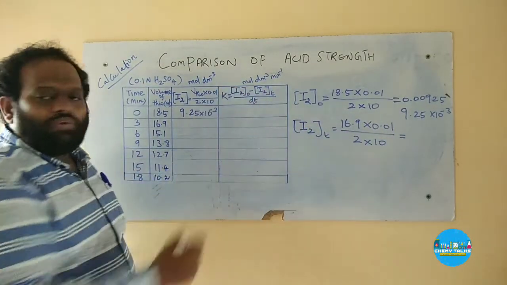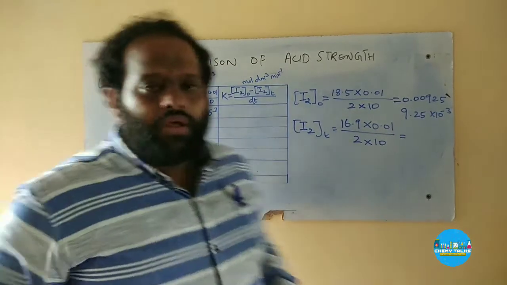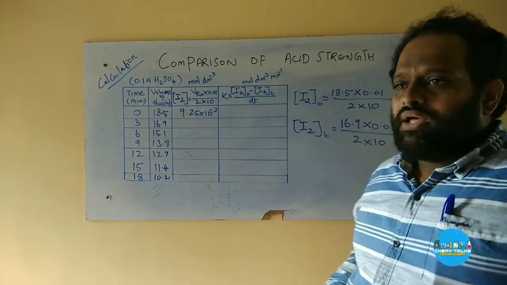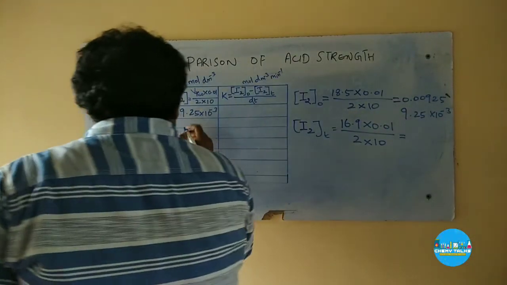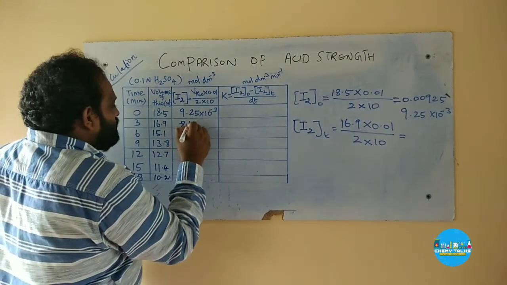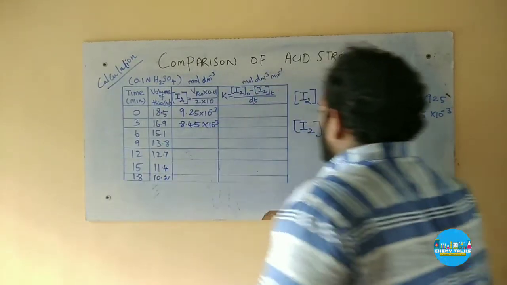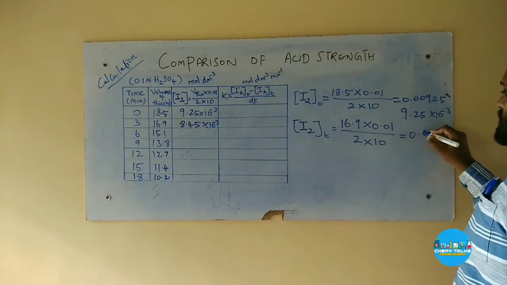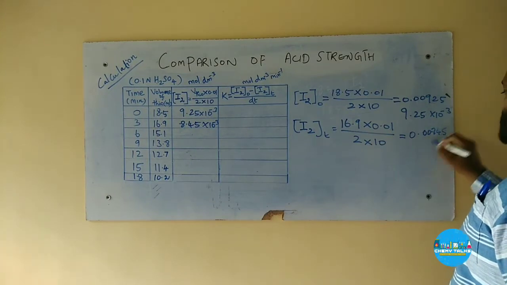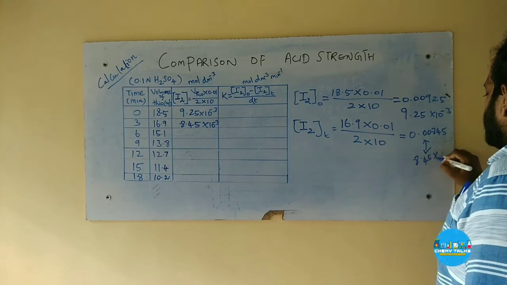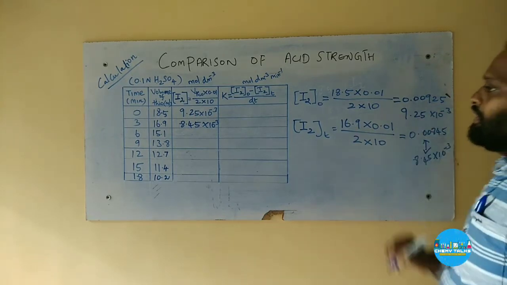Based on this calculation, we have obtained the concentration of iodine as 8.45 into 10 power minus 3, that is 0.00845.